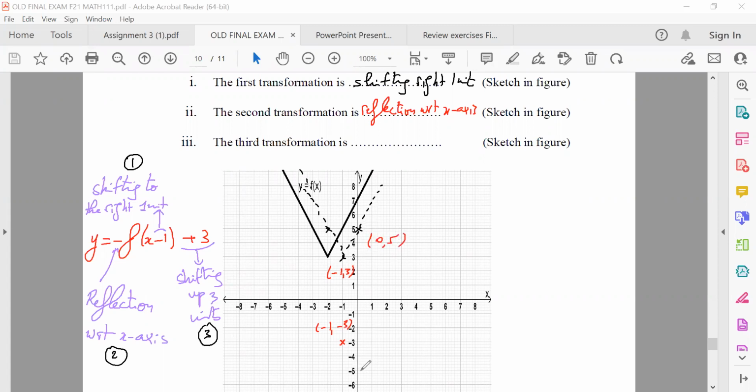When you do the reflection, you will have 0, -5. This point is -2, 5. Reflection is -2, -5. Well, this is enough since it's straight.